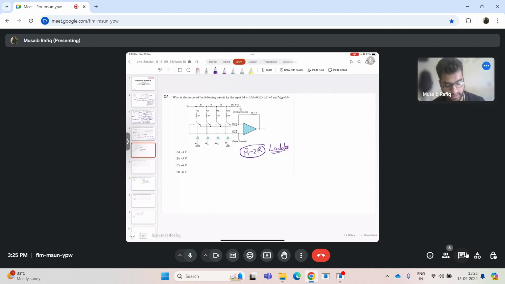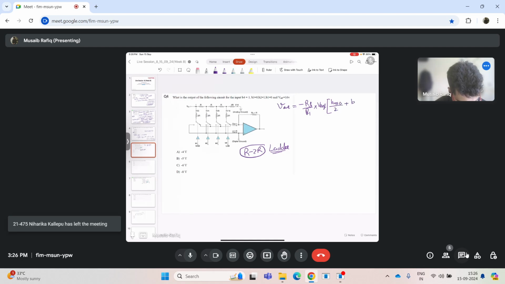So in an R-2R ladder DAC, you know that your output voltage is equal to minus Rf by R1 times Vref, then bit MSB divided by 2 plus bit MSB minus 1 divided by 2 raised to the power 2 plus so on, plus bit LSB divided by 2 raised to the power n.